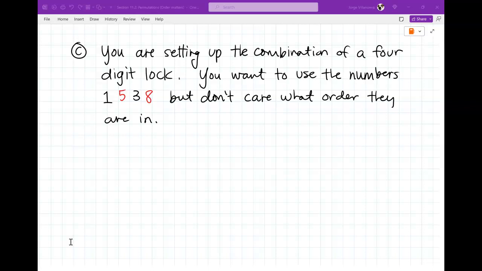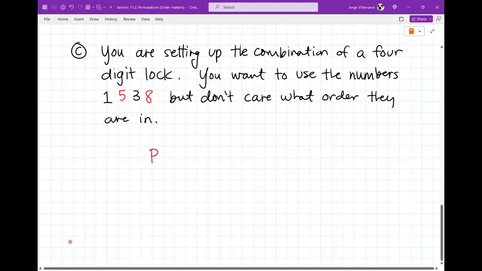So it has to be a 1, it has to be a 5, it has to be a 3, it has to be an 8, but it could be an 8, 1, 5, 3, it can be a 5, 1, 3, 8, 3, 5, 8, 1. No zeros, no 2s, no 4s, no 6, 7s, no 9s, okay? Just those 4 numbers. So I'm going to start a permutation.